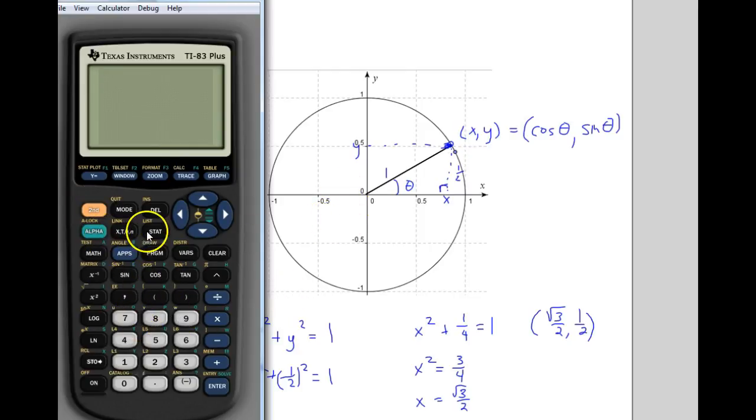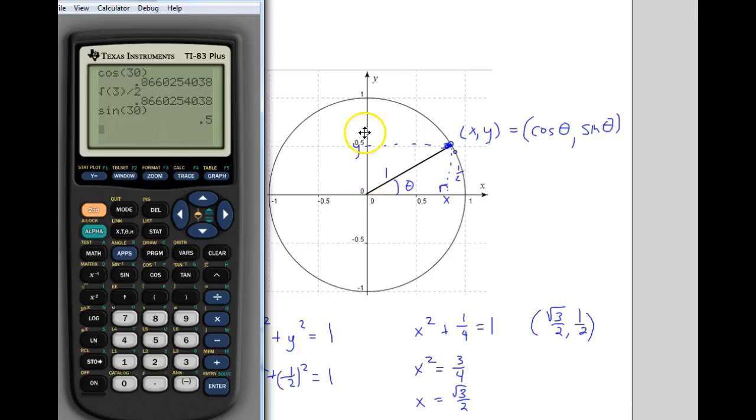So if I type in, and again I'm in degree mode for this, the cosine of 30 degrees, that 0.866, that's the square root of 3 over 2. And the sine of 30 degrees, that's the half. So the x and y coordinates of that point are being given by the cosine and sine of the angle of elevation off of that positive x-axis.